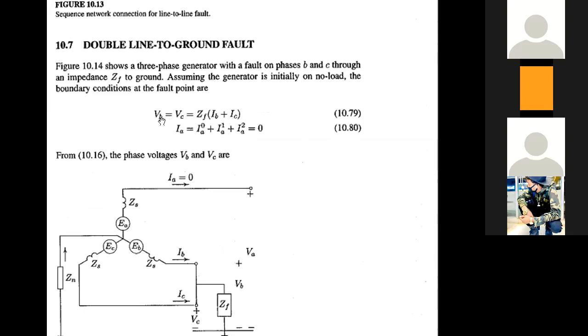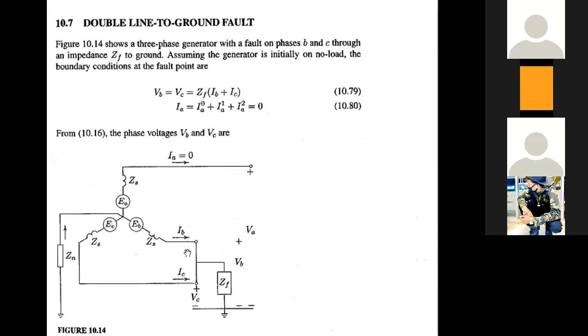The drop over VB and VC will be ZF times (IB plus IC), right? The voltage drop over that fault impedance for that path will be ZF (IB plus IC). So IA for this case, IA0, IA1, IA2, will be 0 because you don't have any current for that.